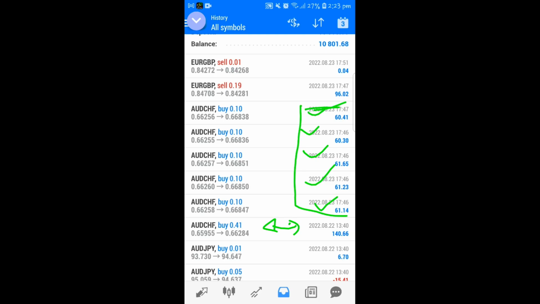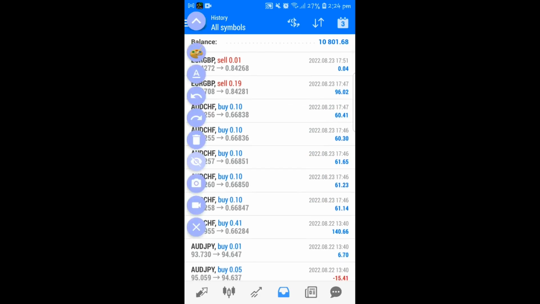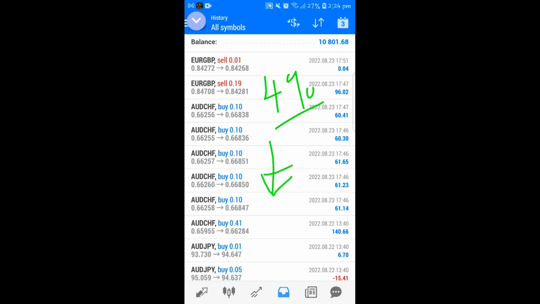And then also this AUD/CHF, by the time I was taking this trade, I was actually 4% in profit. Sorry, let me delete that. The only thing I was looking for was another 4%.